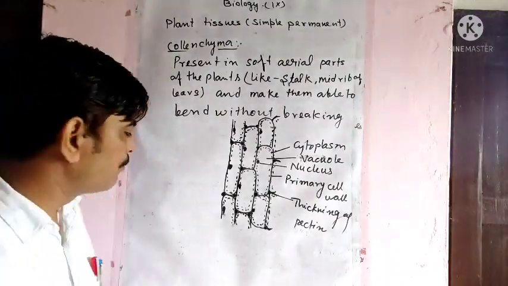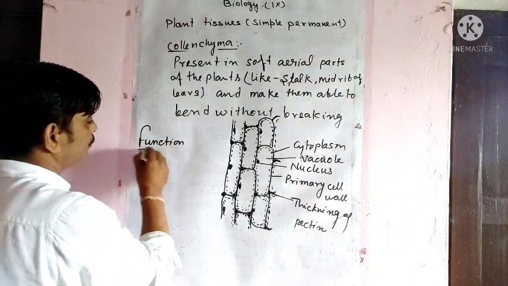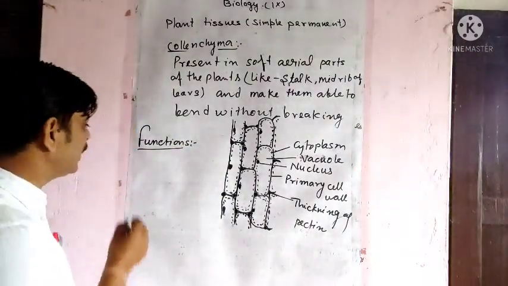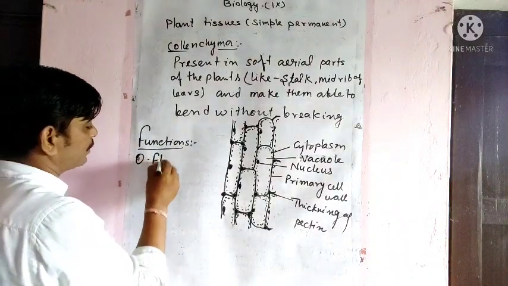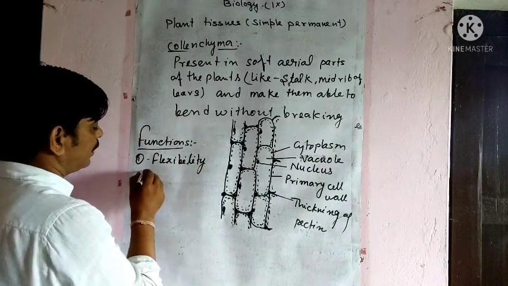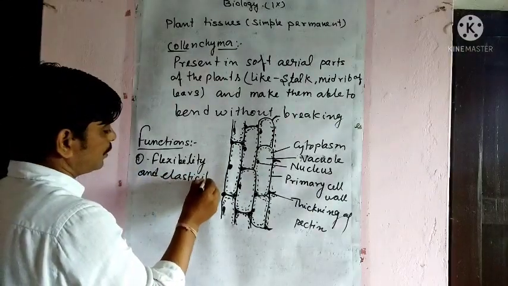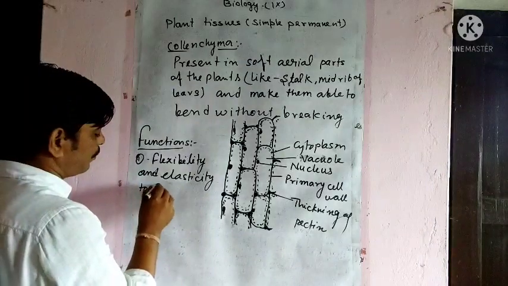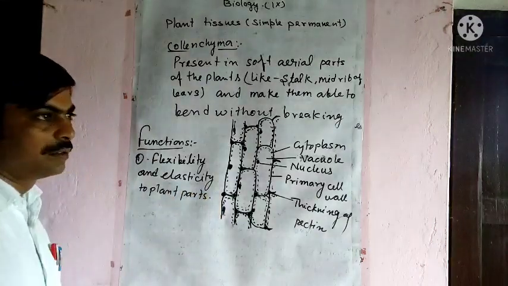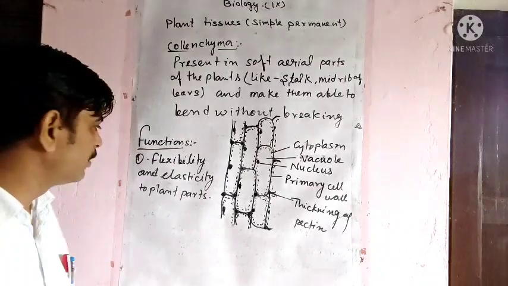So these are the collenchymatous cells. If we talk about their functions, they provide flexibility and elasticity to the plant. Main function: flexibility and elasticity to plant parts, like the leaves and the fruit, in which they bend without breaking.